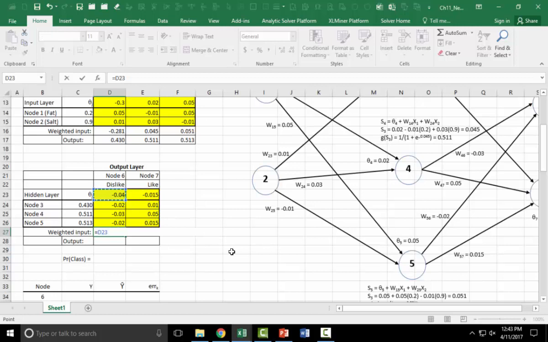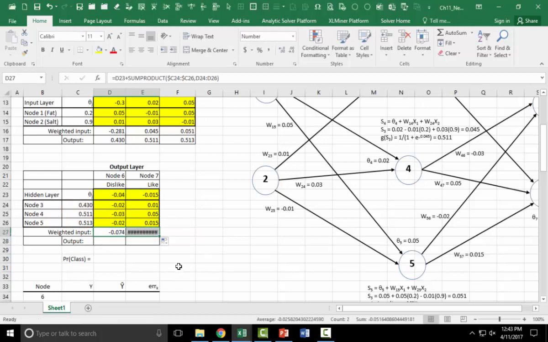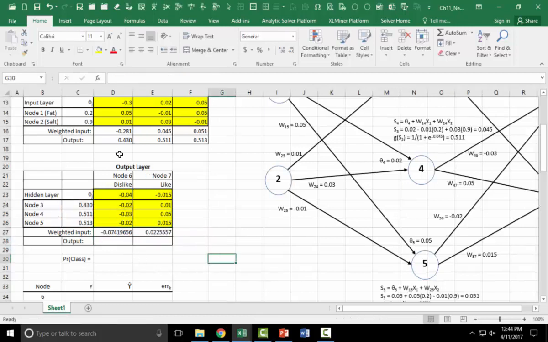That one, so that's your bias plus sum product of these weights, these inputs coming into 6, 7, node 6 and 7, all right, and then the weights. Okay, so then the output is that one.